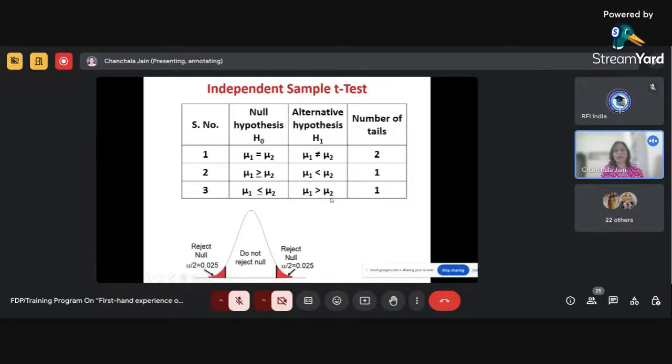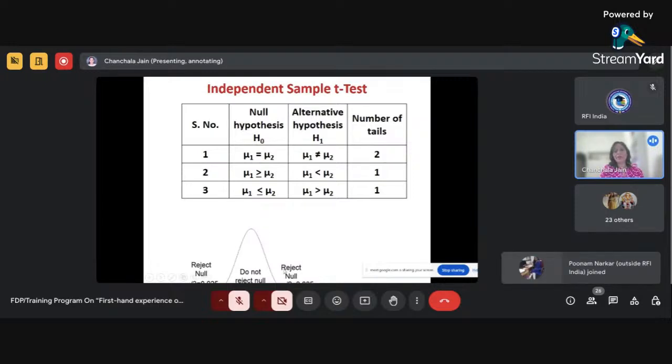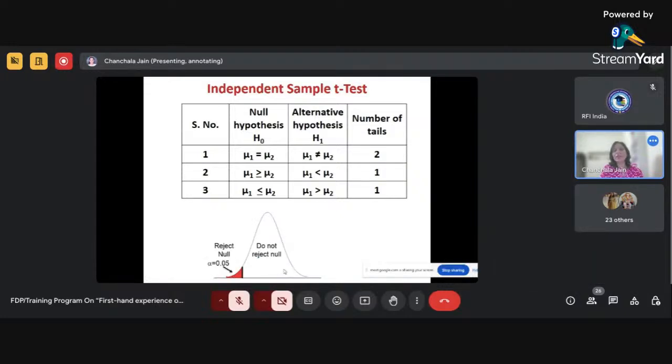As yesterday I showed you the normal distribution curves, in the two-tailed test the rejection region falls on both tails, whereas in the one-tailed test the rejection region falls on either one of the tails. I think we have discussed this concept yesterday also. Till here, is there any problem?